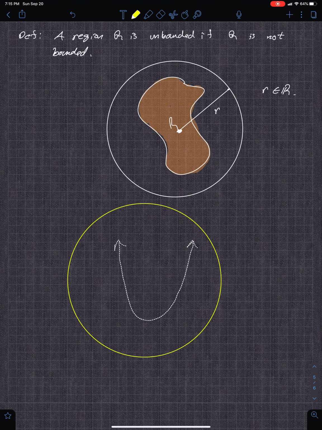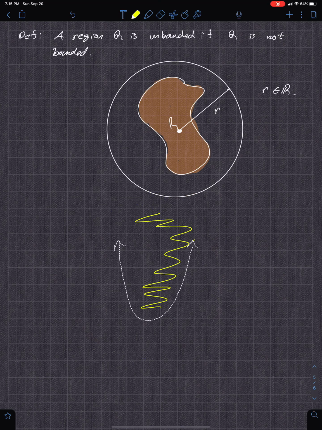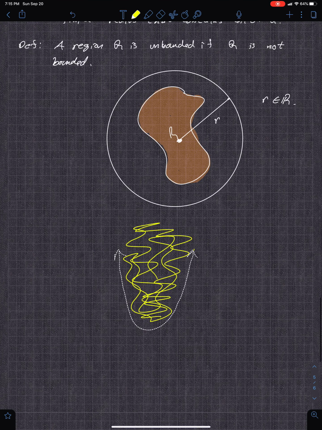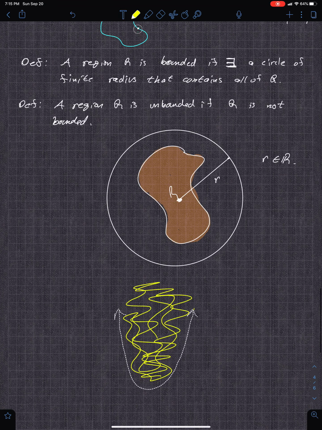I mean, this keeps going like that. It keeps on going forever, so you can't do that. So that doesn't work. So that region, I might be referring to all of this, right? And it keeps on going. The arrows mean it keeps on going. So that's not a bounded region. Okay, now we have everything we needed for that section.